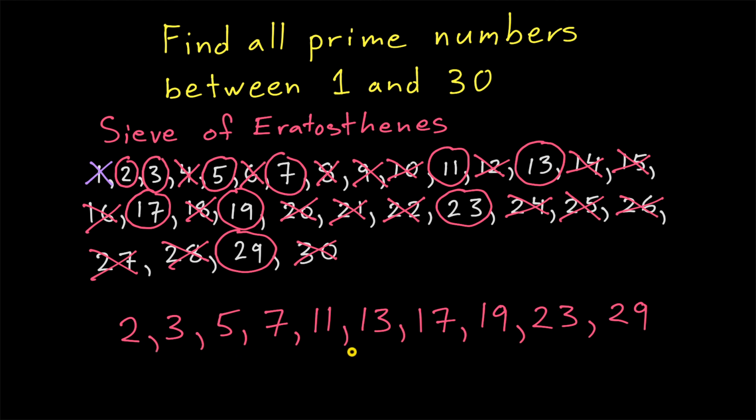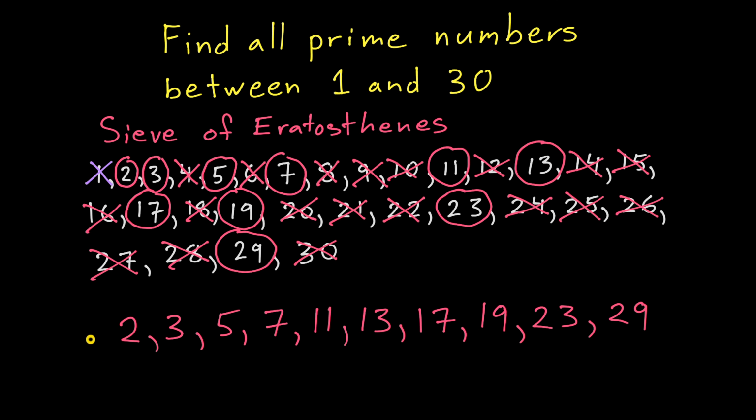No, it's not the most efficient algorithm, but in my opinion, it is the easiest algorithm to understand, and it is guaranteed to work. So if you are ever stuck in a situation where you have to find prime numbers, this is a relatively quick way of finding all of those prime numbers.